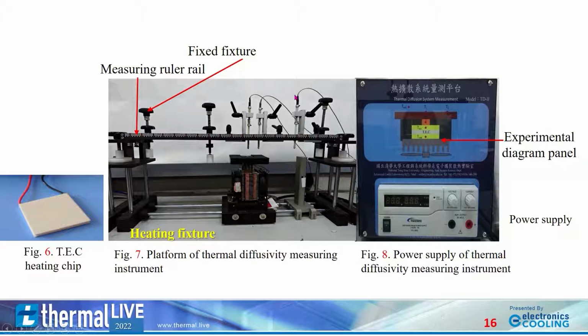The thermal diffusivity measuring instrument, namely TDMI, is mainly composed of three parts. The heating fixture is the TEC chip, as shown in Figure 6. The thermal diffusivity measuring platform is shown in Figure 7. And the power supply is shown in Figure 8. The program controls the output of the sine wave heating power required for the experiment to the tested sample.